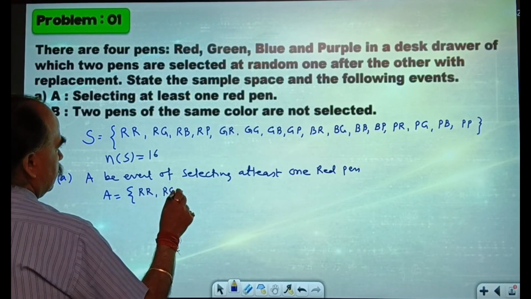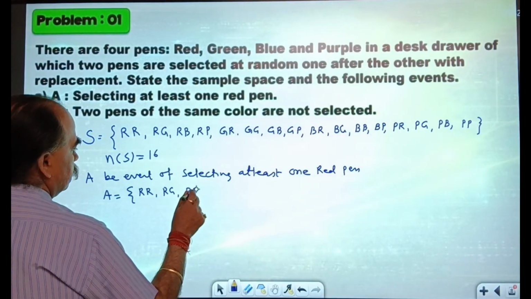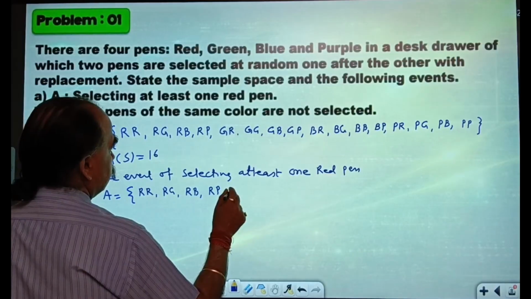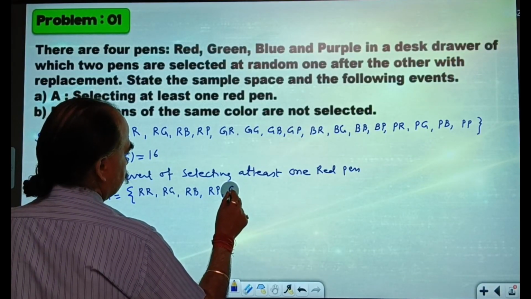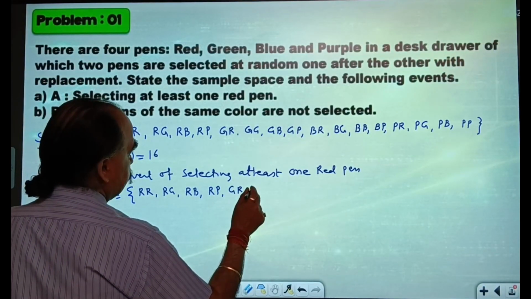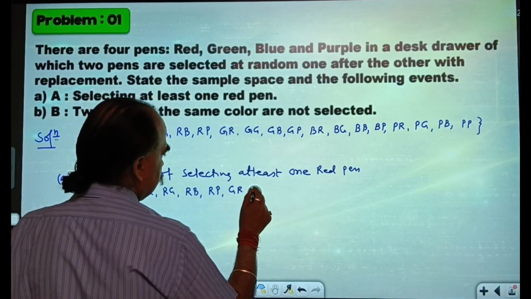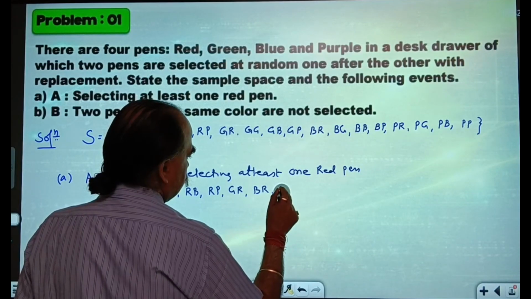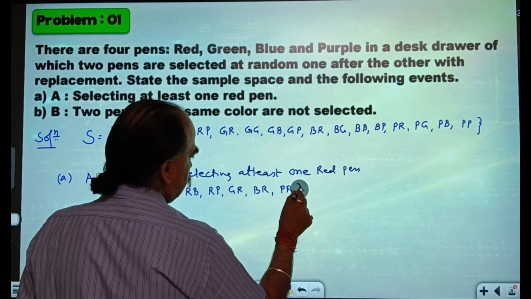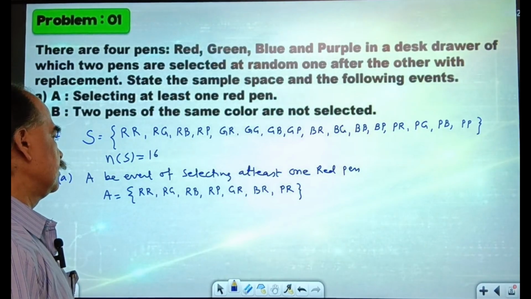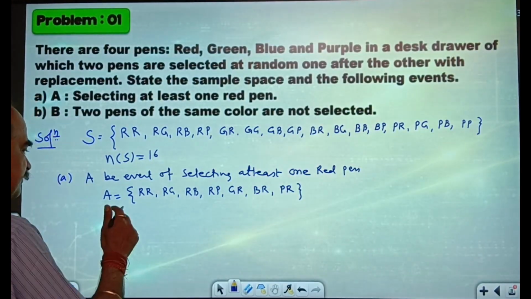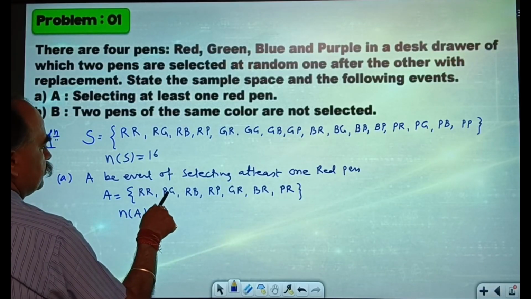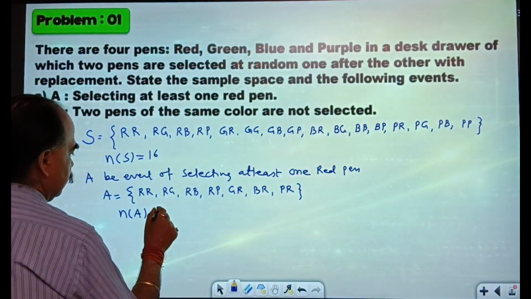RG, RB, RP, then GR, BR, PR. So these are selecting at least one red. The number of elements in A is what? 1, 2, 3, 4, 5, 6, 7.